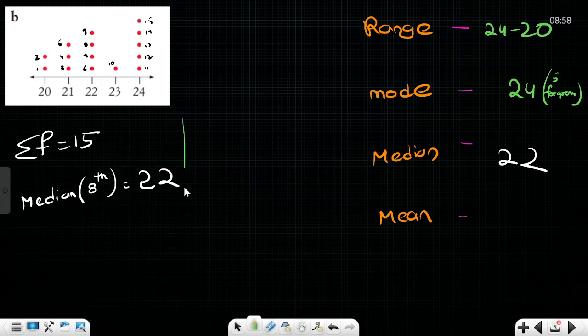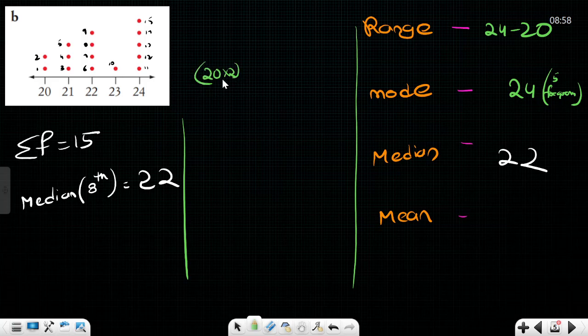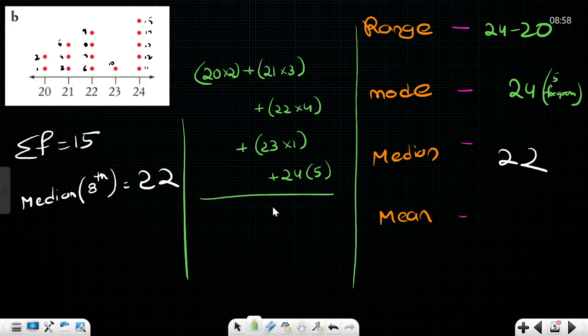Mean. They want mean, that means sigma fx by sigma f. So you can write it here. 20 into 2, 20 is repeating 2 times, plus 21 into 3, plus 22 into 4, plus 23 into 1, plus 24 into 5, divided by total frequency, which is 15.